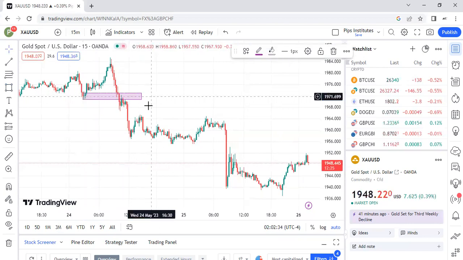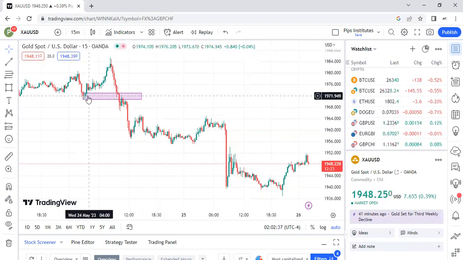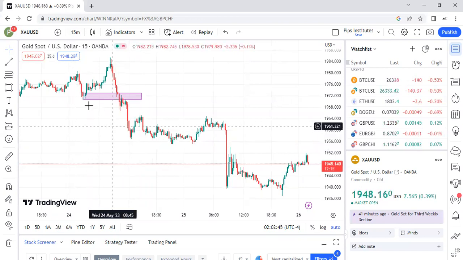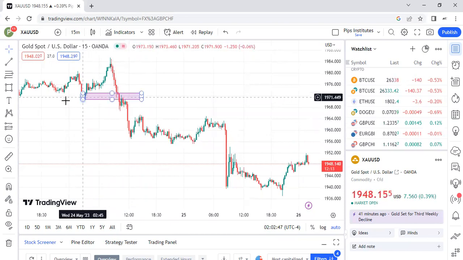So can you see that it's actually played out? So the rectangular box, this is the order block. This is the order block that was responsible. This bullish block over here was the one responsible for this push up.